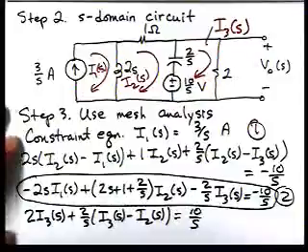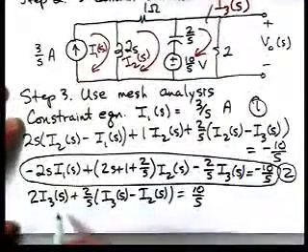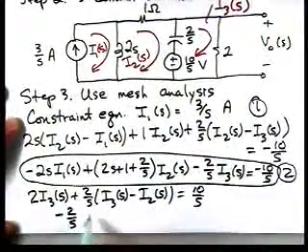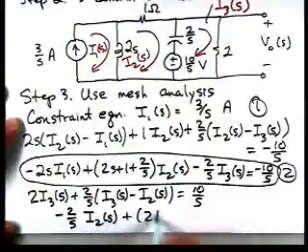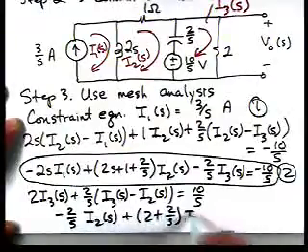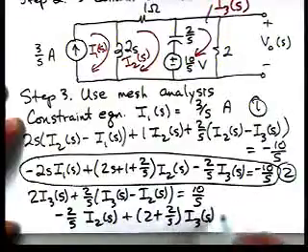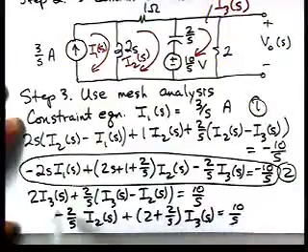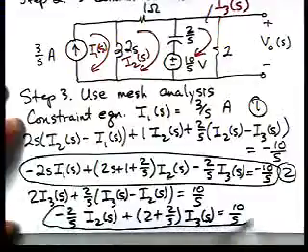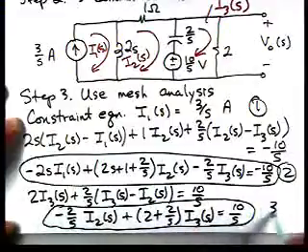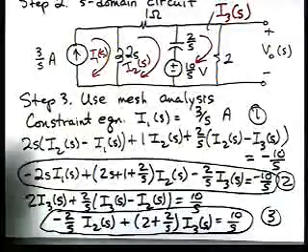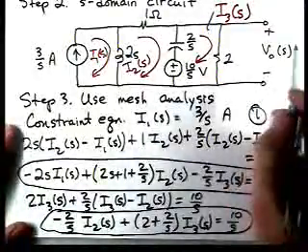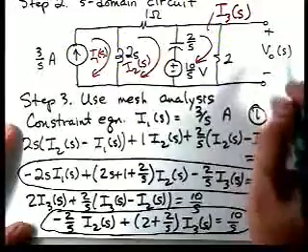If we simplify that and rearrange terms, we'll have minus 2 over s I2 plus 2 over s I3 is equal to 10 over s. There's our third equation.